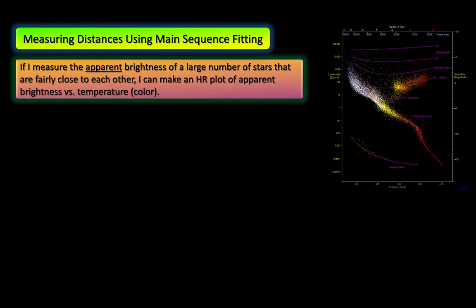Now, what we do is if we have a large group of stars that are relatively packed together closely, I could plot all of those stars on an HR diagram. So we talked about the HR diagram, how the brightness is related to the color of that star, color is related to temperature.